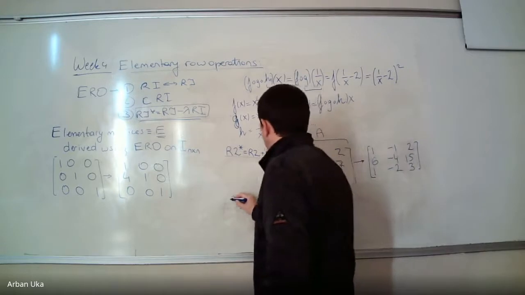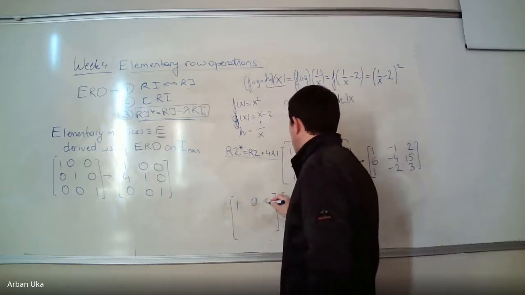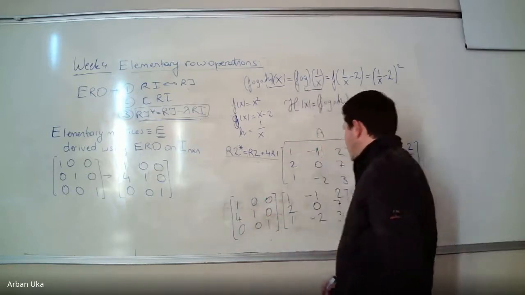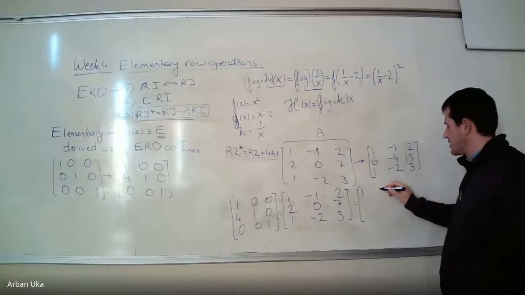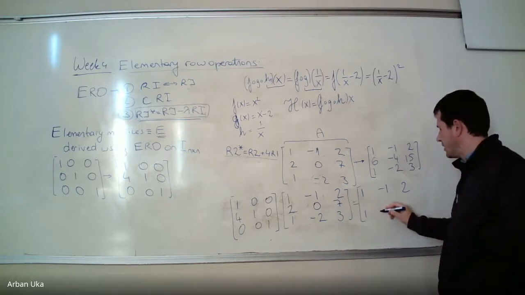And here let's multiply with this matrix, which is 1, 0, 0, 4, 1, 0, 0, 0, 1. So let's multiply it with this matrix. The first row won't change, I think. Yes, the first and the third are not going to change. You are correct.